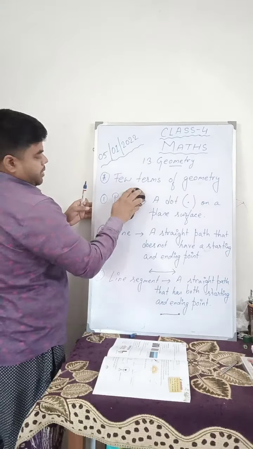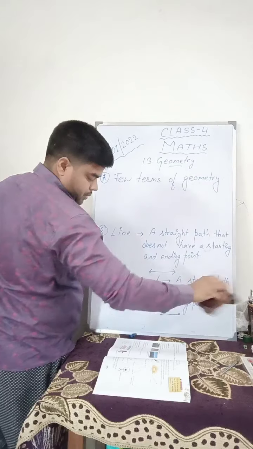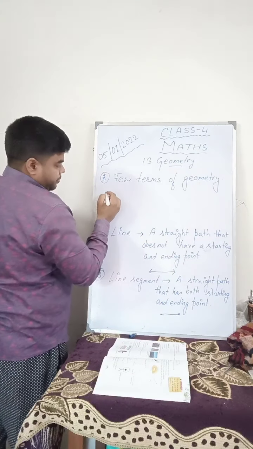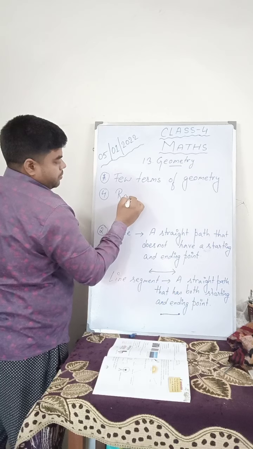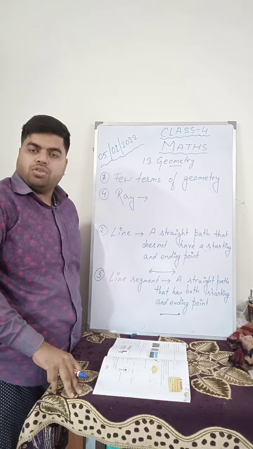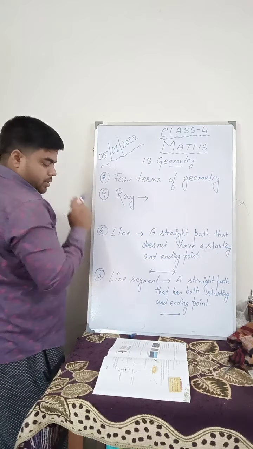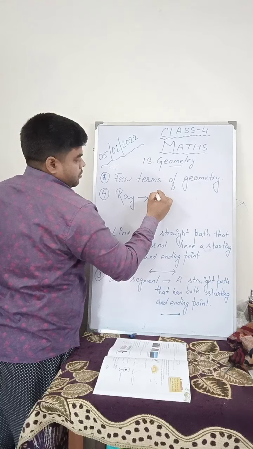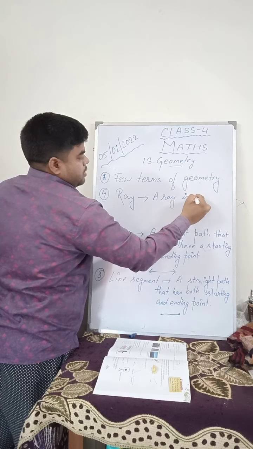So write this, I am erasing this. Number 4 is a ray. What is a ray? A ray is also a part of a line which has a starting point but no ending point.